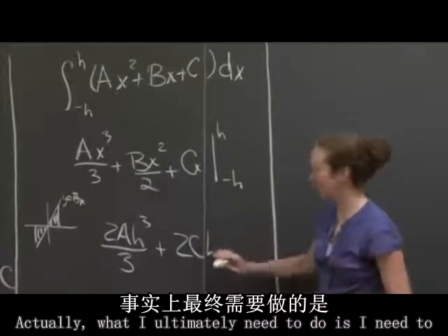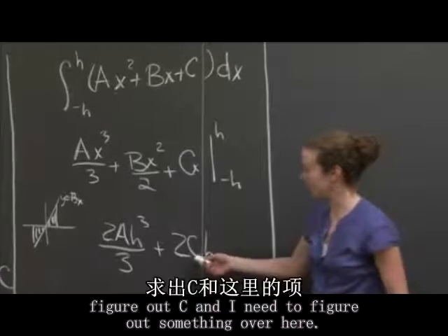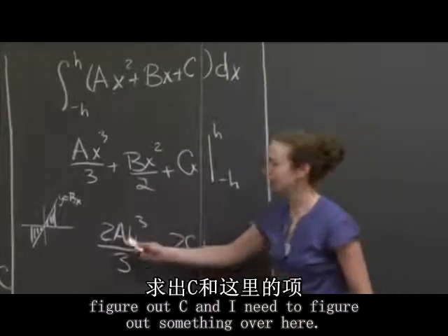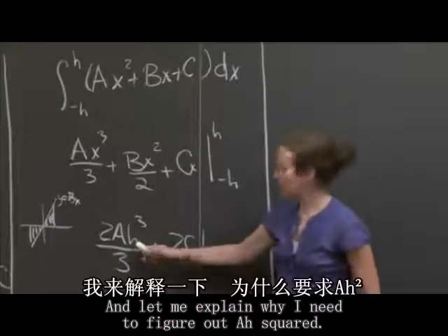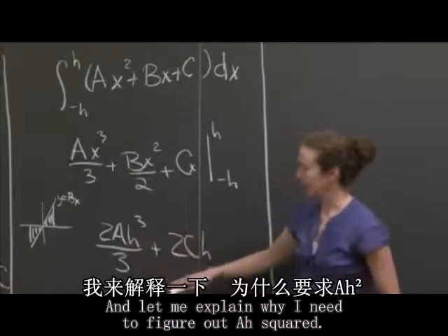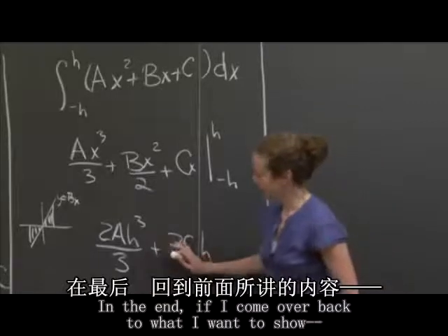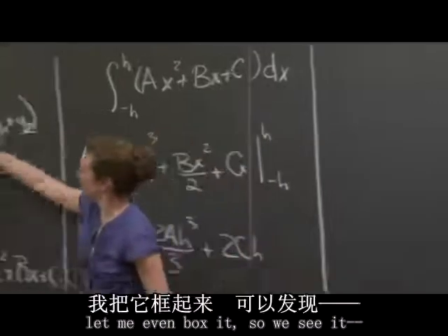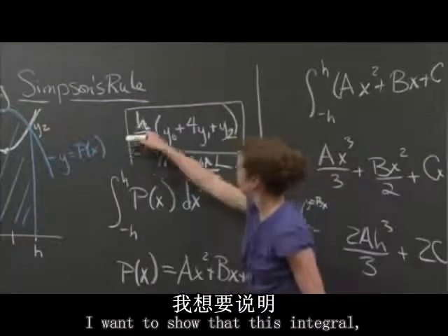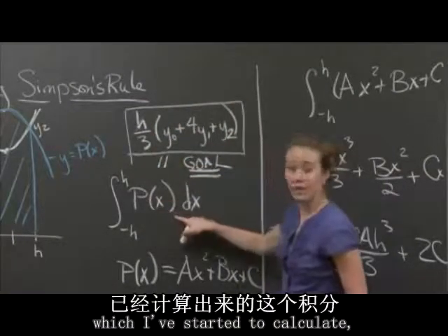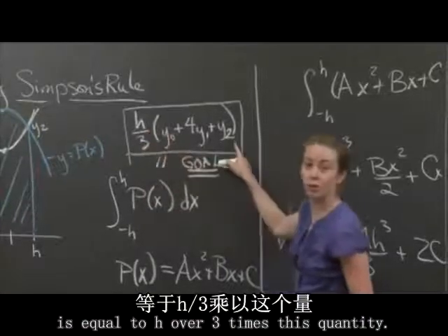What I ultimately need to do is figure out c, and I need to figure out something over here. I need to actually figure out a h squared. And let me explain why. In the end, if I come back to what I want to show, let me even box it so we see it. I want to show that this integral, which I've started to calculate, is equal to h over 3 times this quantity.